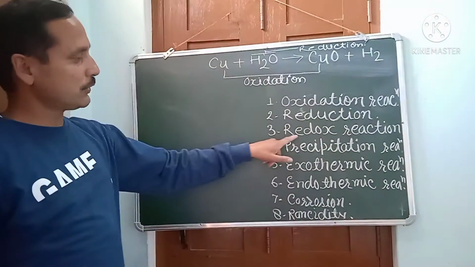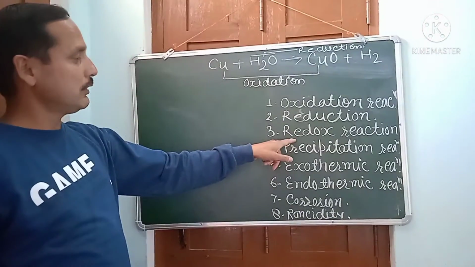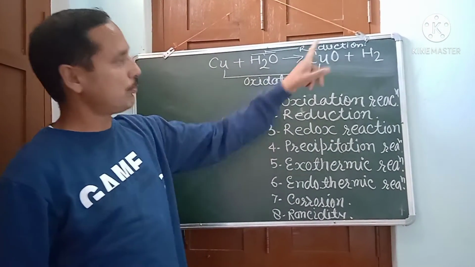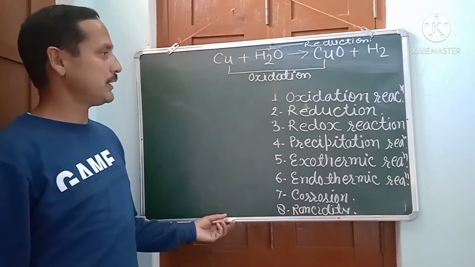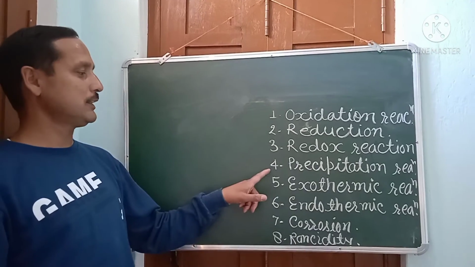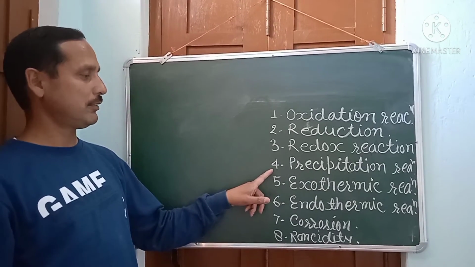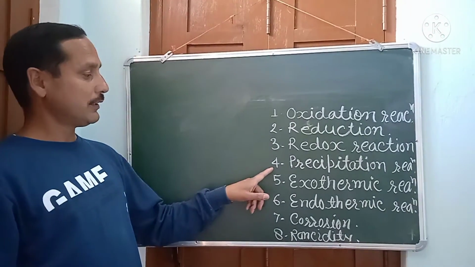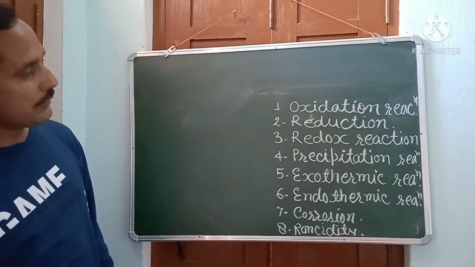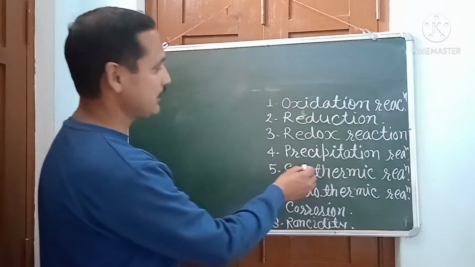So redox reaction: any reaction in which oxidation and reduction both occur simultaneously is called redox reaction. Next reaction is precipitation reaction. Any reaction in which a precipitate is formed during the reaction is called precipitation reaction.